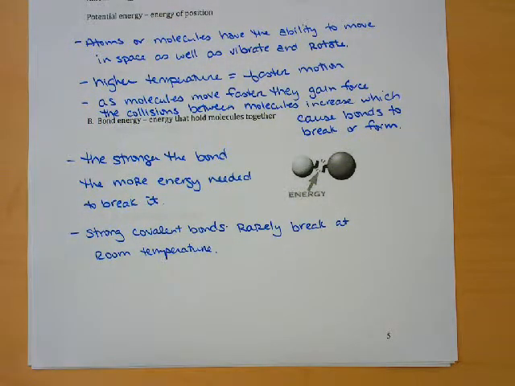That's the point of it being strong. The covalent bonds should rarely break at room temperature, otherwise I would bake everything by just sitting it on the counter, which would be awesome. Save me a lot of effort if I could just put my meat out on the counter and be like, done, cooked. I guess if it's like sushi or beef tartare, then yes, technically. But most people don't eat it that way. You mostly cook it in some way.